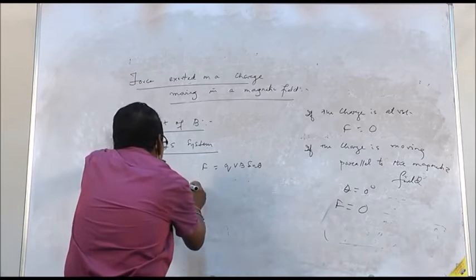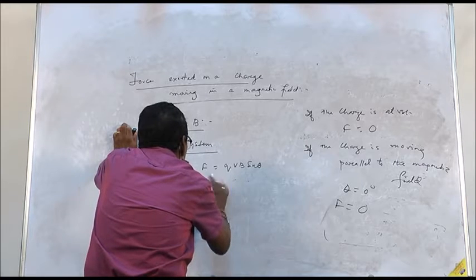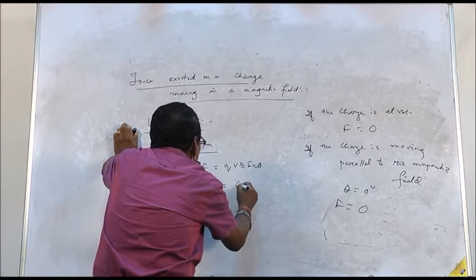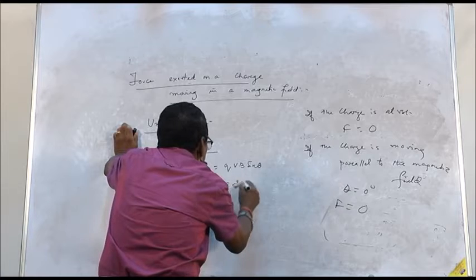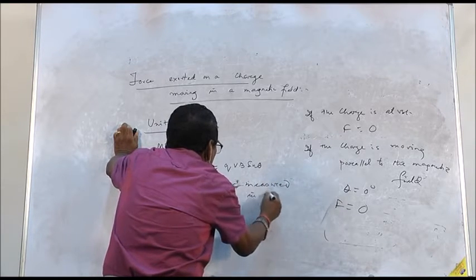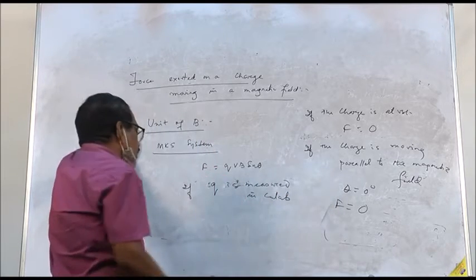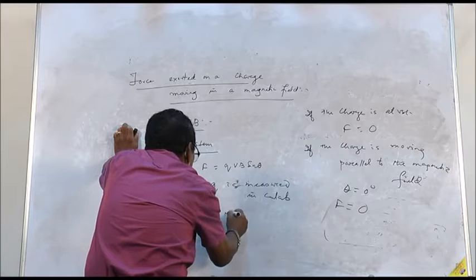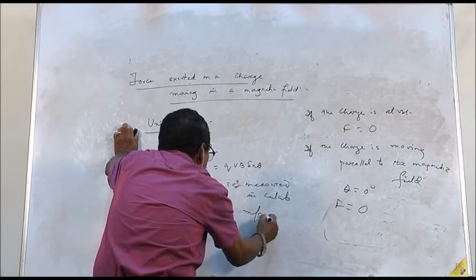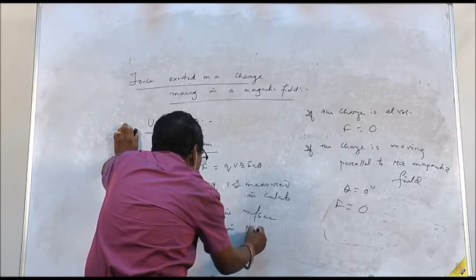If Q is measured in coulomb, charge is measured in coulomb, V in meters per second, velocity in meters per second, F in Newton, MKS system, Newton.